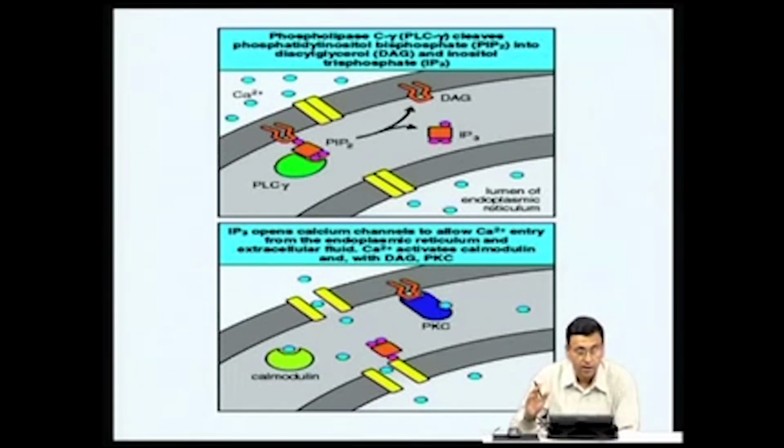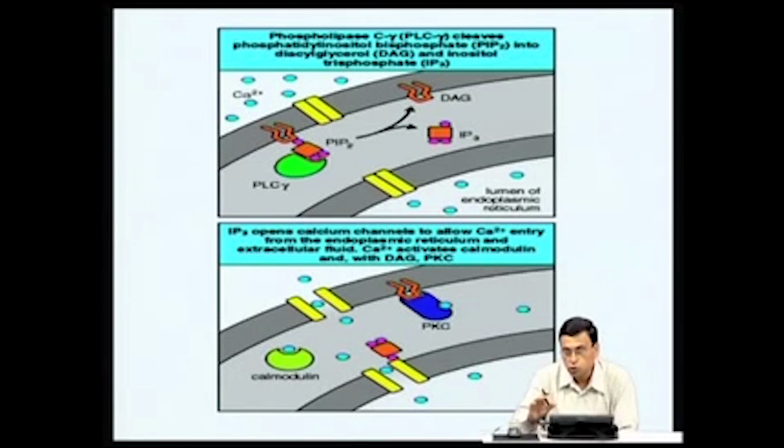But as I have been telling all the time, these second messenger molecules, whether it be cyclic AMP or cyclic GMP, calcium, or IP3 or diacylglycerol, they perform pleiotropic functions, but in this lecture series we are going to focus primarily on how these second messengers ultimately activate the regulation of gene expression.